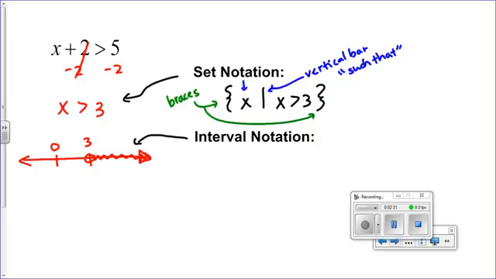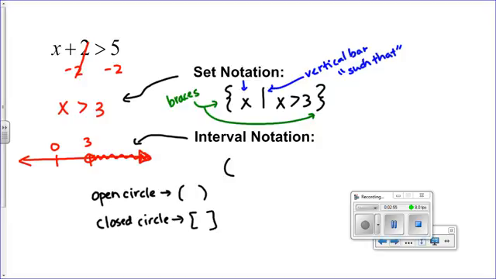So if I have an open circle, I'm going to use parentheses. So open circle is parentheses, closed circle, you'll use brackets.